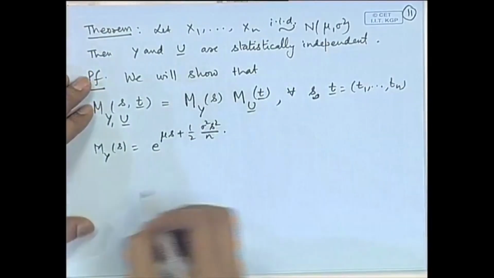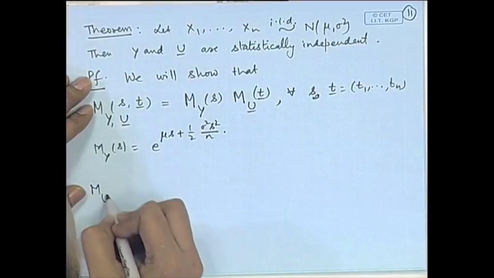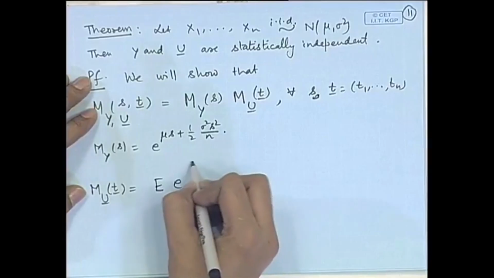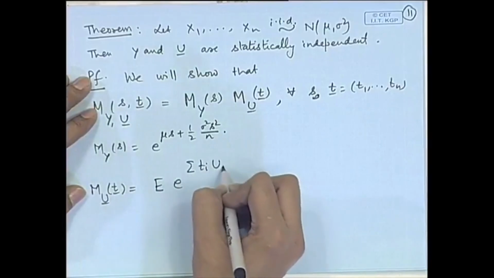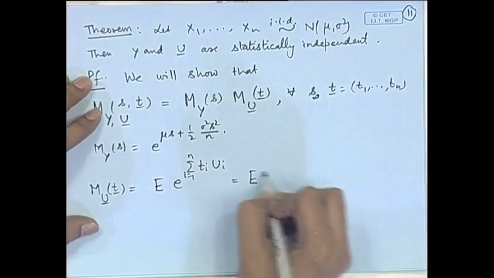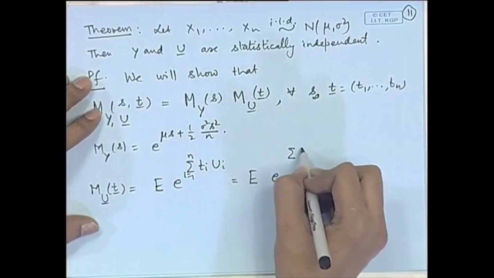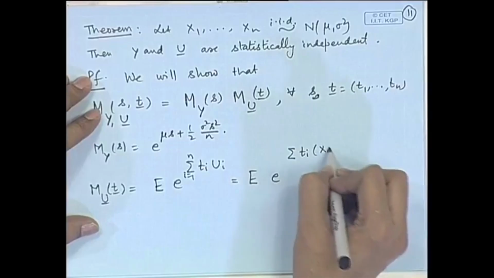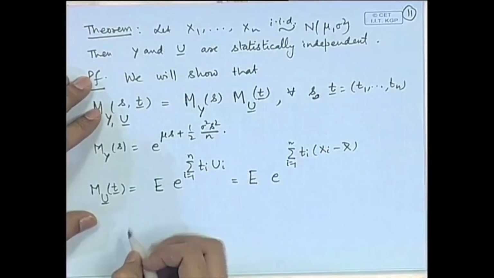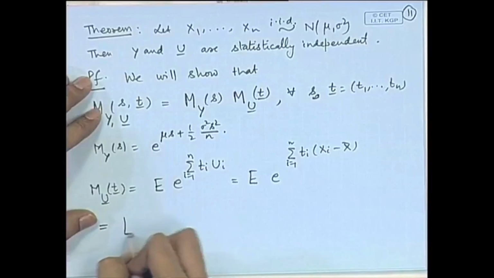Now, we calculate the moment generating function of u also, that is expectation of e to the power sigma t i u i, that is equal to expectation of e to the power sigma t i into x i minus x bar. At this stage, I will introduce some notation.